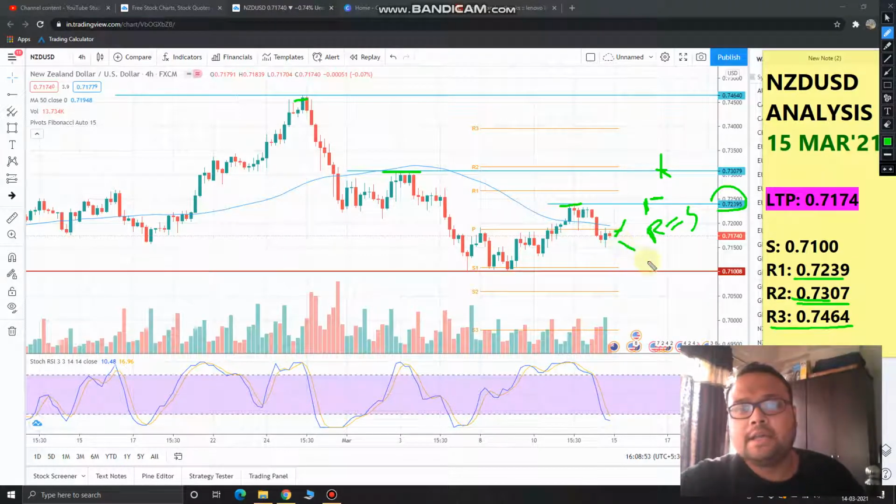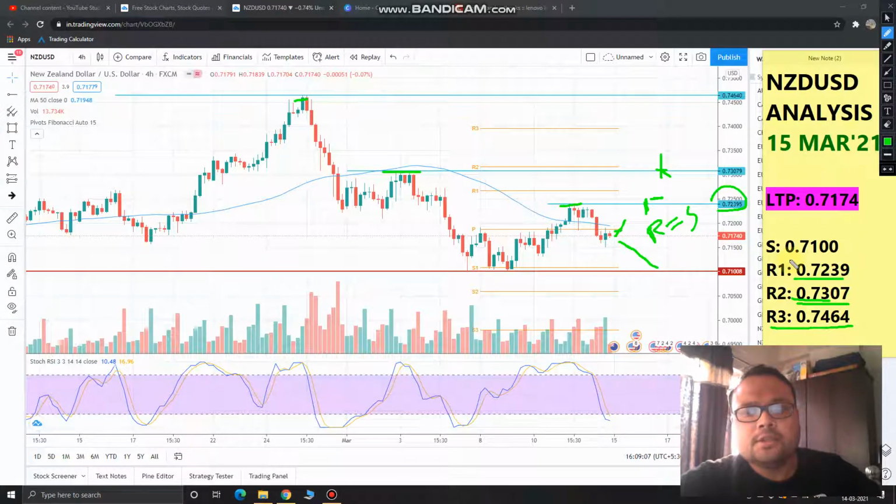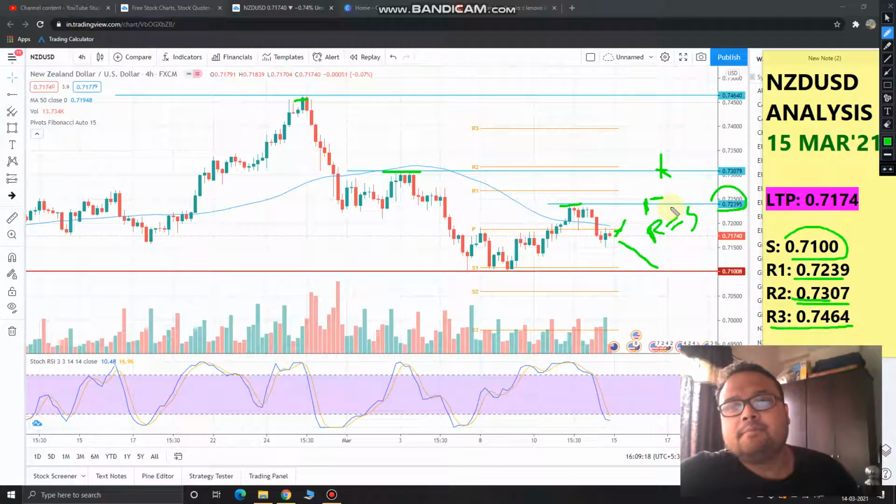If market comes down and takes support at the 7100 level and bounces up, there is a high chance that it will bounce, because it is providing good support to the market till now. Just go ahead and buy at the 7100 level. And if you see some price rejection or struggle of the price at resistance 1, the 7239 level, just come out of it.